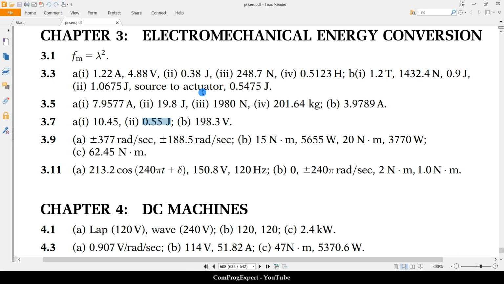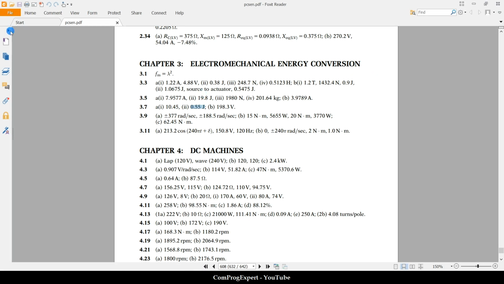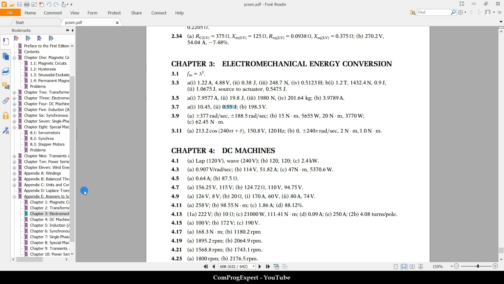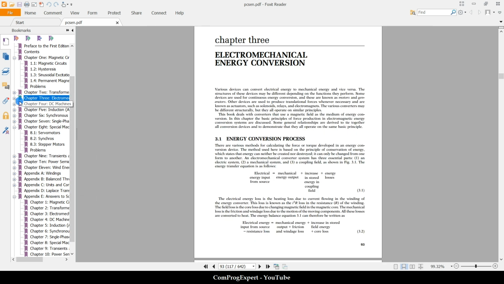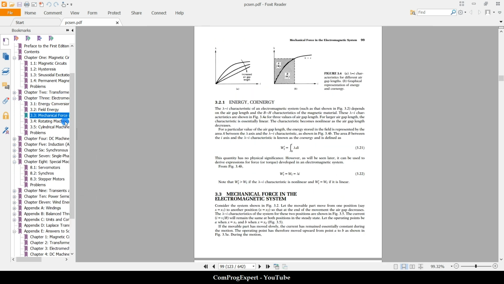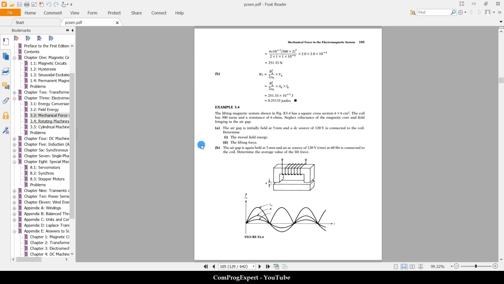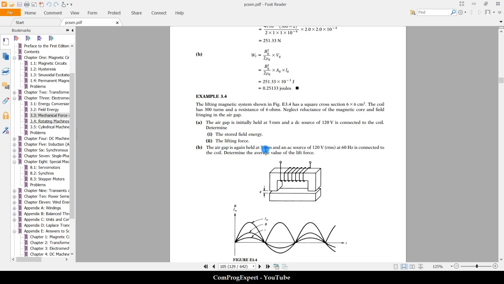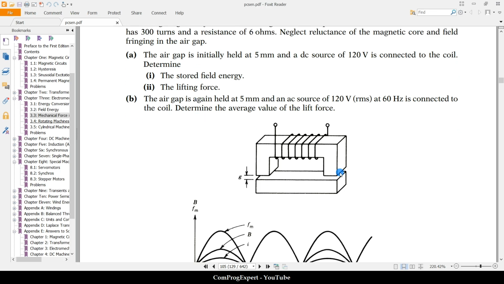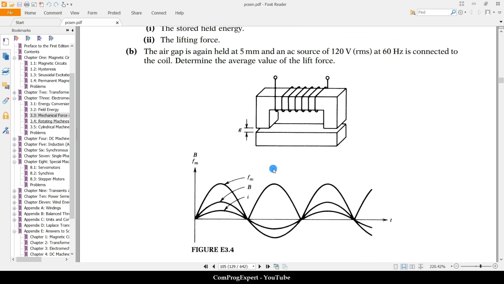So here in the reference we also have a similar example. Here you can review this important example, Example 3.4. Okay, the same structure that we have.